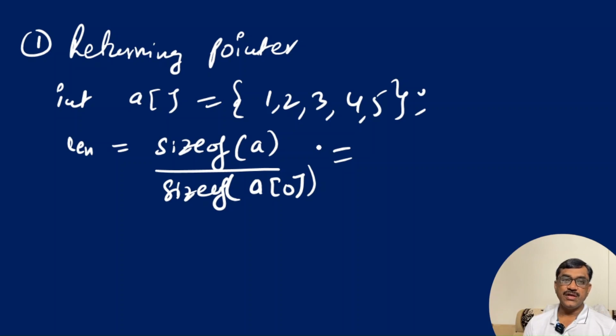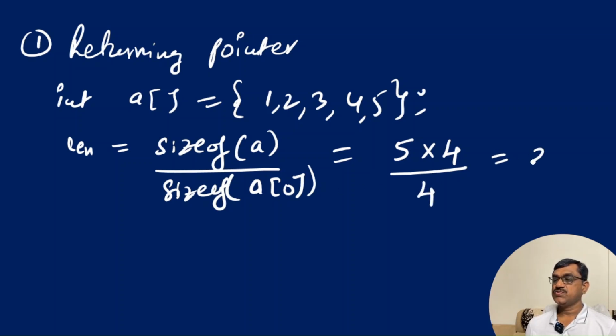The amount of memory allocated is 5 times the number of bytes an integer takes. That means 5 into 4, if an integer takes 4 bytes. a of 0 means a single location, which is 4 bytes. So that is 20 by 4. How much? 5. We are getting 5. The number of elements is 5.